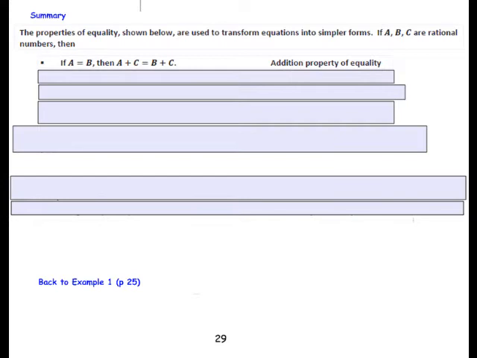So A plus C is equal to B plus C. This is the addition property of equality. When you start out with a statement that is true and equal, and you add the same number to the left and the right, it remains equal. In other words, if you perform the same operation with the same number, the equation remains true.